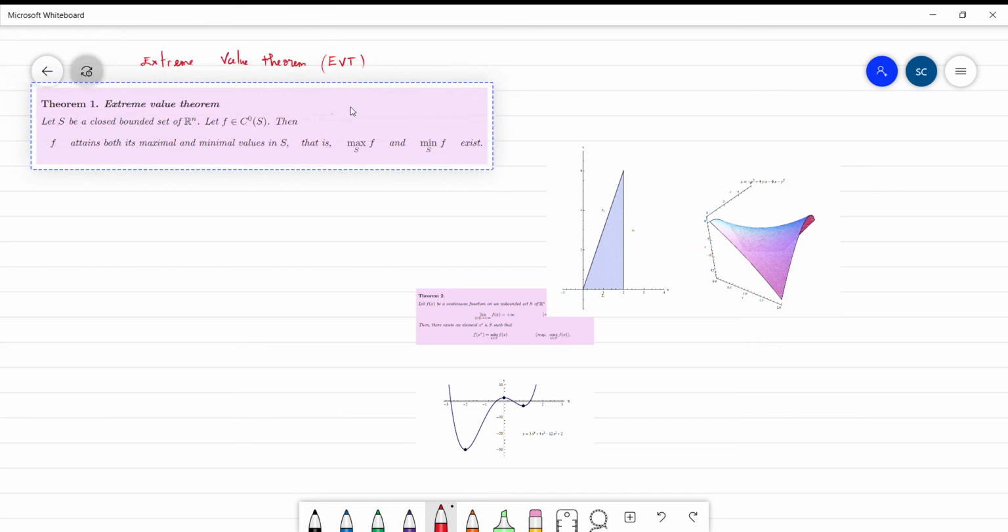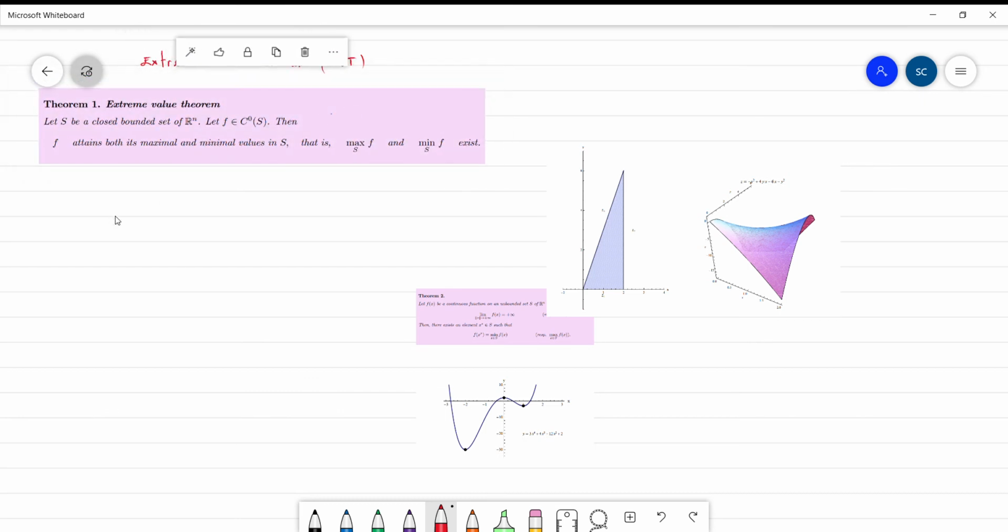The extreme value theorem says we don't necessarily need convexity on the domain we are working on. But we need it to be closed and bounded. Closed, we said, is a set that contains its boundary points. Bounded means the size is not infinite: for any point, the norm of the point is bounded by a constant.